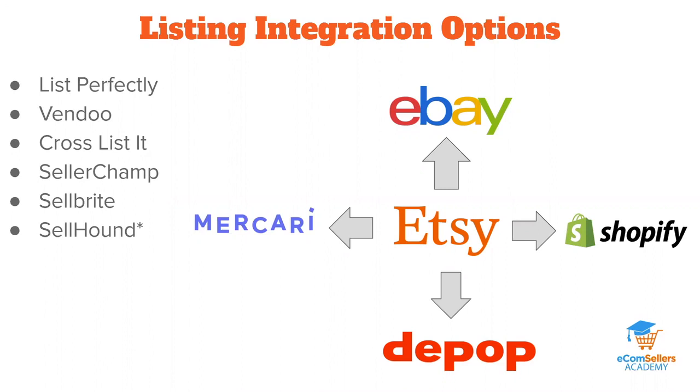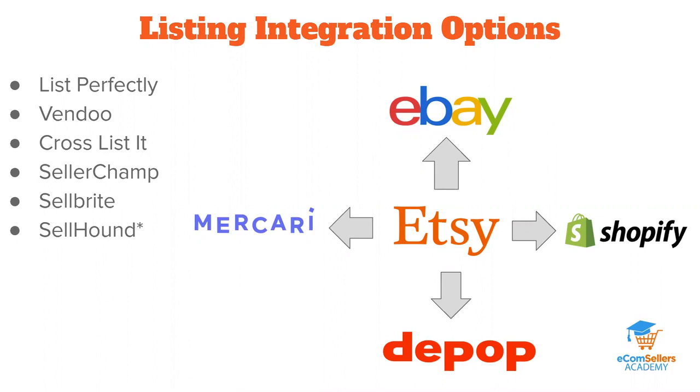Now, Sellhound, that's an app where you take a couple pictures of your item and send those pictures to Sellhound, and they will search that item, make you a title, make you a description, and give you keywords so that your item sells faster.